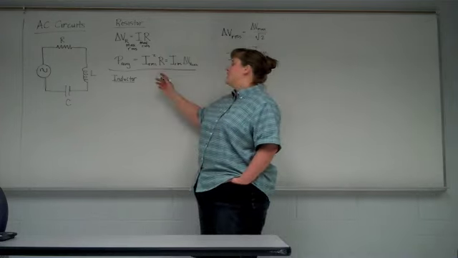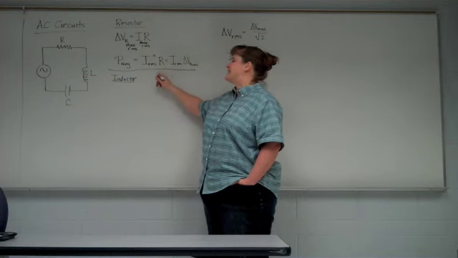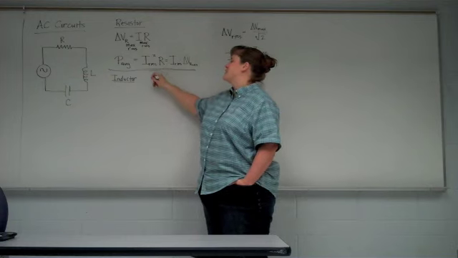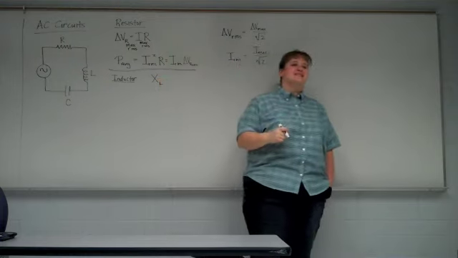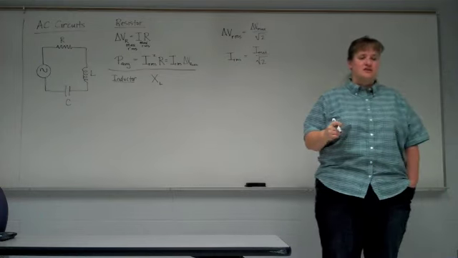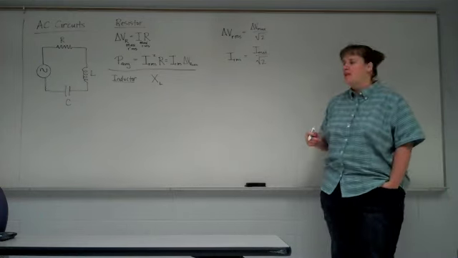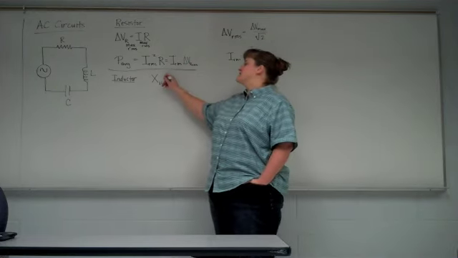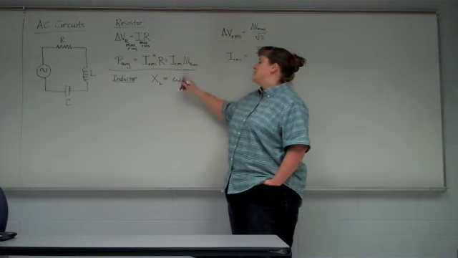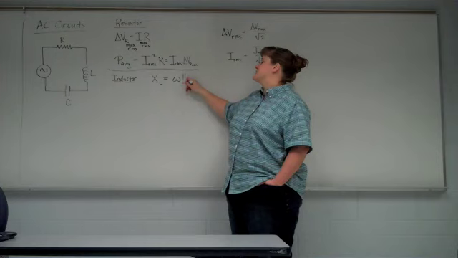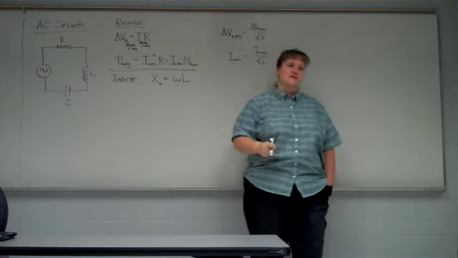We're going to use what's called the inductive reactance. Inductive reactance is a measure of how much resistance that inductor supplies to the circuit. Inductive reactance depends upon our frequency. It's specifically our angular frequency and the inductance itself.